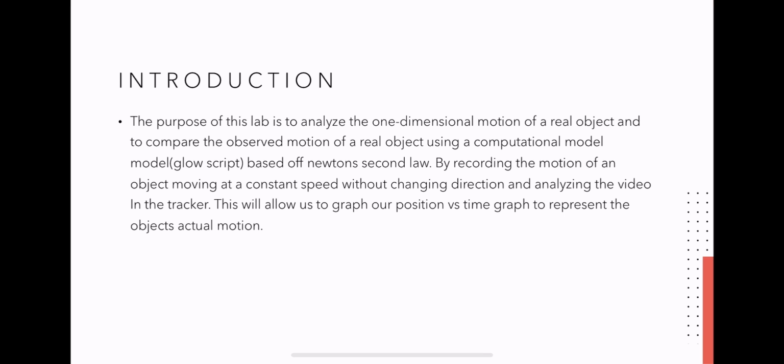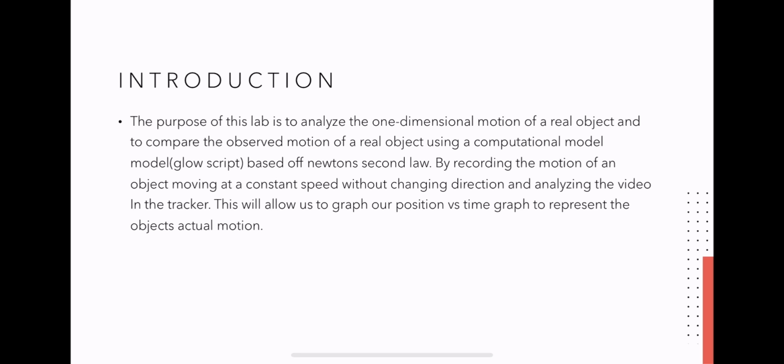As stated before, the purpose of this lab was to analyze the one-dimensional motion of a real object. The object that we used in this lab was a cart, similar to a car, that we pushed to move in constant motion. We used this object to build a computational model on GlowScript based off of Newton's second law.